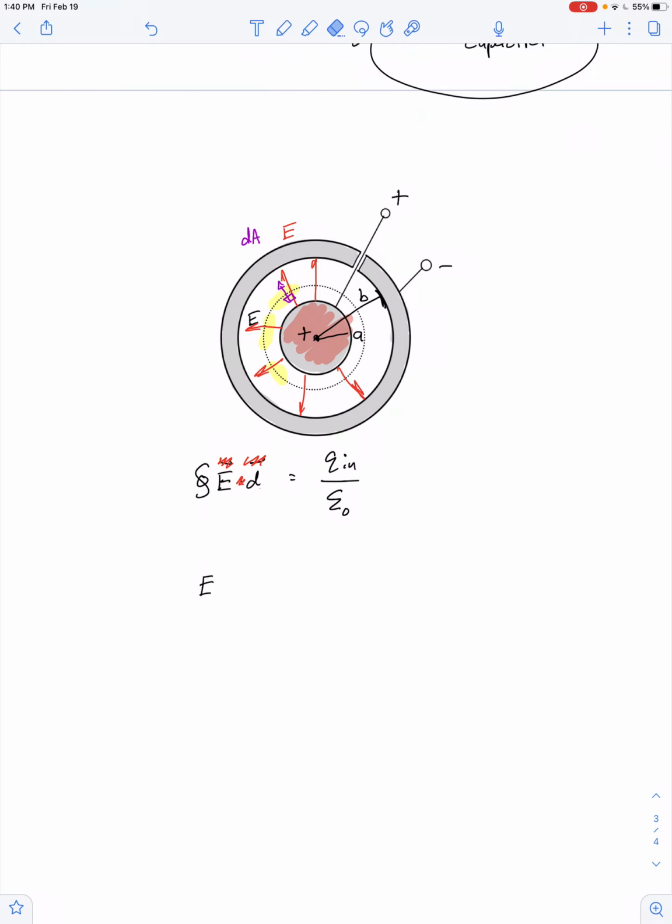I'm so used to writing E dot ds because of the definition for voltage as a line integral that I accidentally wrote Gauss's law as E dot ds, when of course I meant E dot dA.